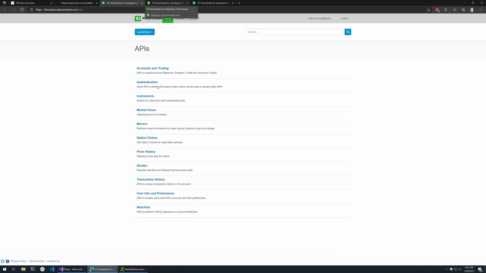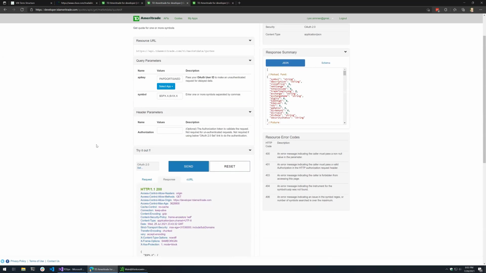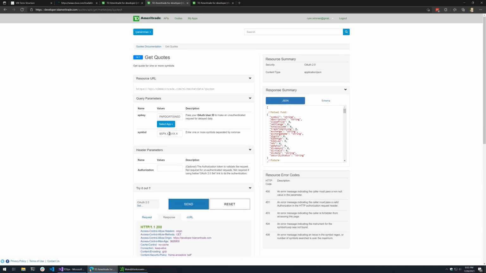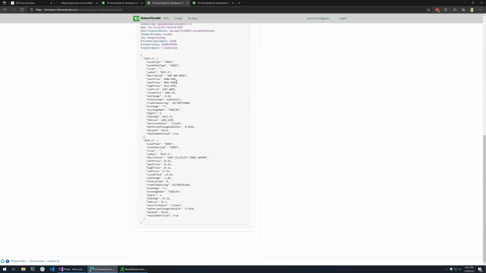If I were to click on the price history, it's very simple. You just put in the symbols you want. In this case, I'm dropping in SPX and the VIX and hit send, and it will return the price of the S&P 500 and the VIX as of the close, or as of in real time.